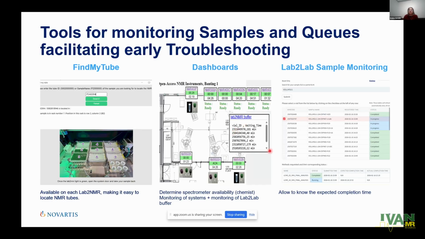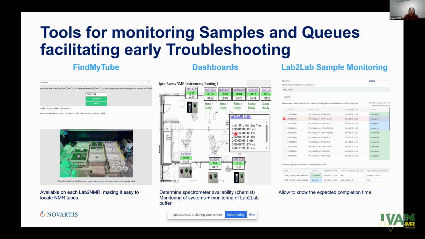Then we also have this dashboard for the lab-to-NMR buffer. Here we can see the vial number of this small vial from the lab-to-lab, and we can see the waiting time in the buffer, because before it is distributed to a lab-to-lab, it will wait in a buffer and it will see which spectrometer is available, and it will be sent to the spectrometer where you don't have a big queue.